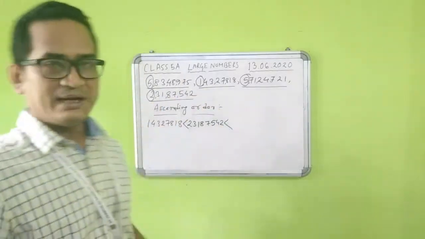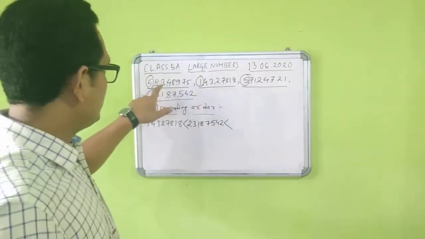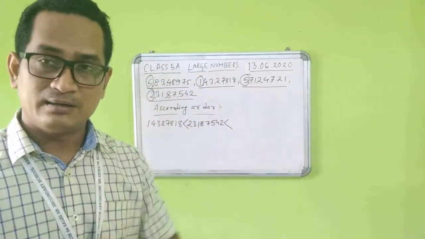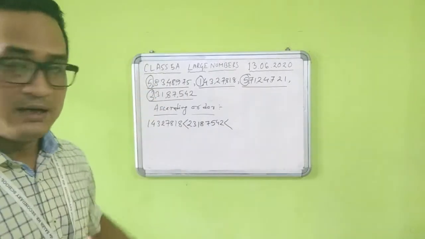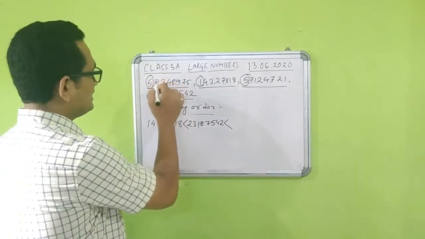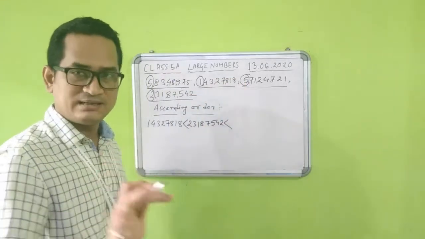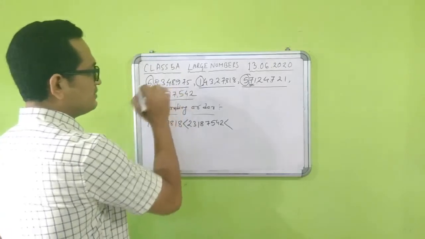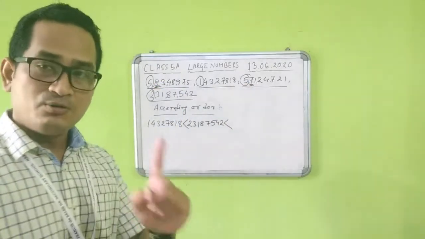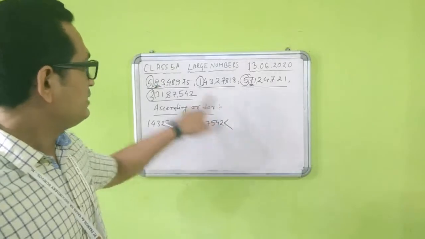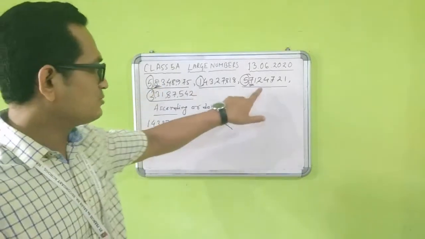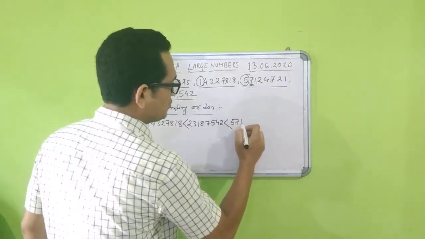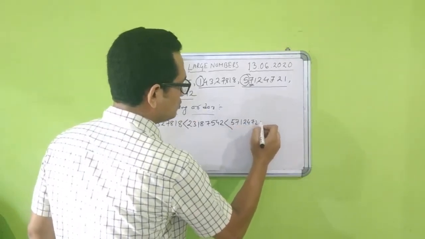Now those two we have already decided. Now let's see the first one and the third one, because both of them have 5 in their extreme left place, that is the crore place. Since 5 and 5 are the same, we cannot decide, so we go to the ten lakh place. One has 8, the other has 7. So this one with 7 is smaller, and it will come here: 5 7 1 2 4 7 2 1.